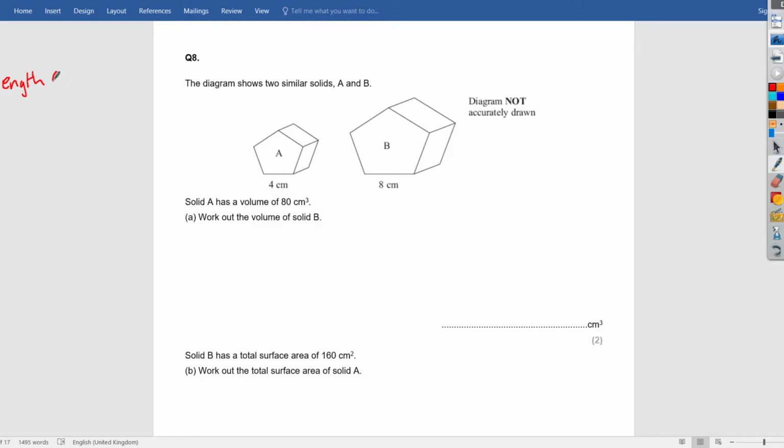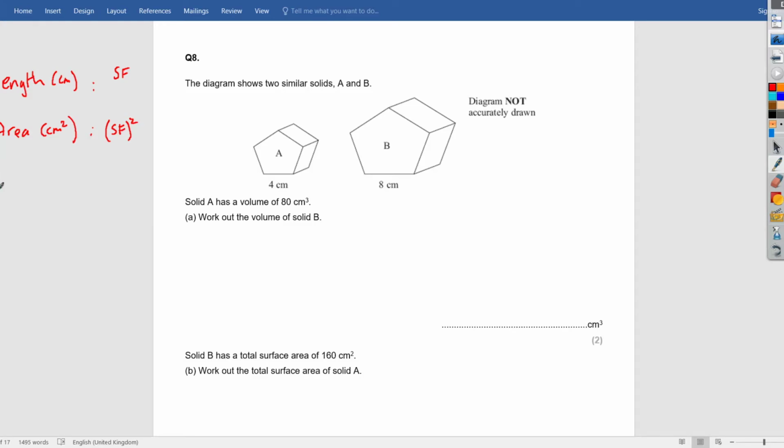I'm going to call length, let's just call it centimeters in this case. And you get one side being enlarged by another side, we call that just a scale factor. When we look at area, we times those two lengths together to get centimeters squared. So what happens here is the scale factor gets squared.